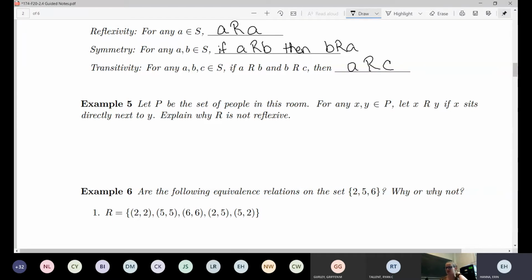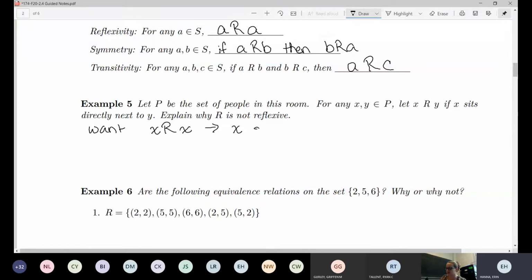Explain why R, that relation, is not reflexive. Reflexive means that something would have to be related to itself. So here we would want X to be related to X. Well, what would that mean?